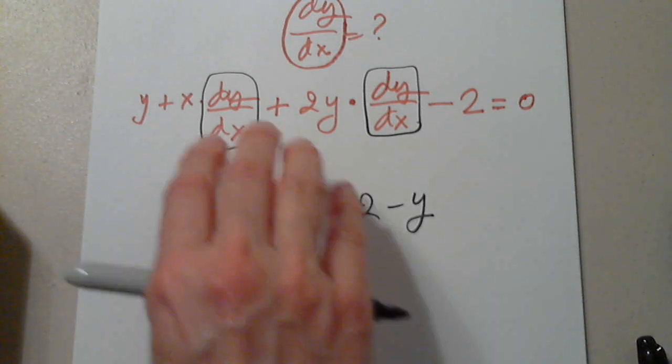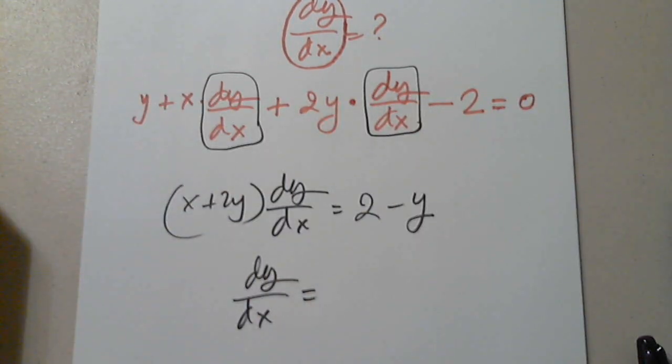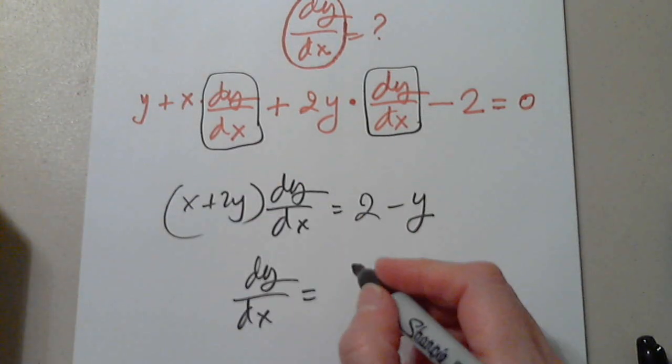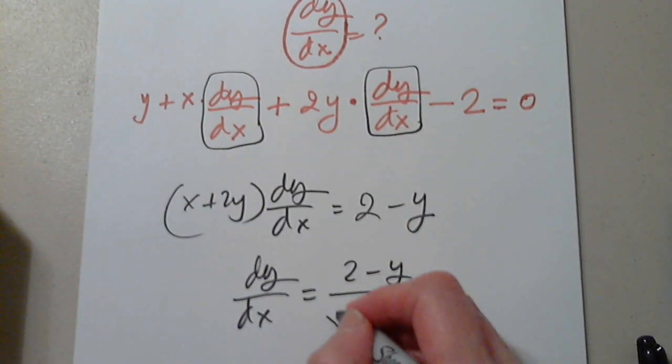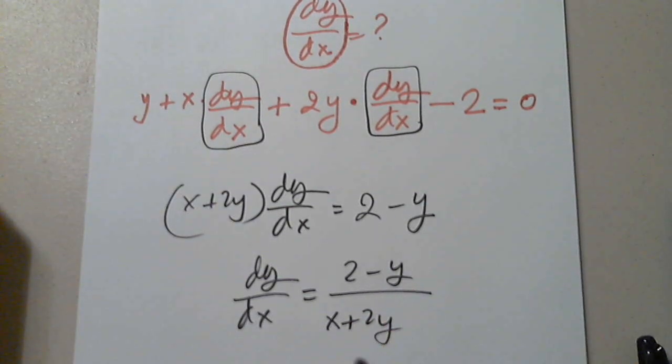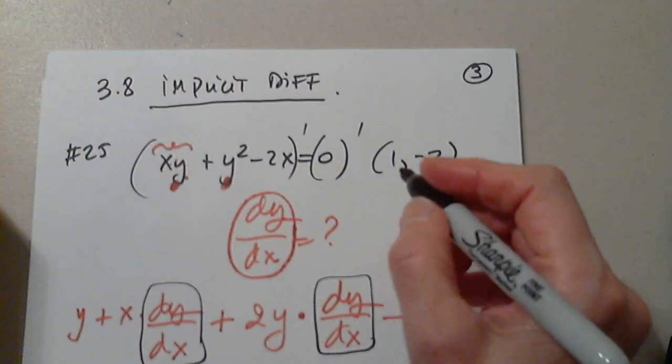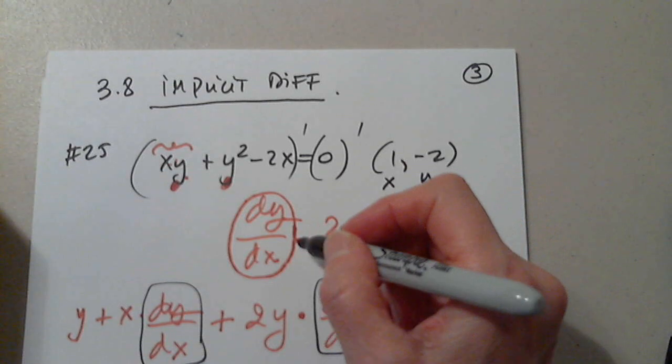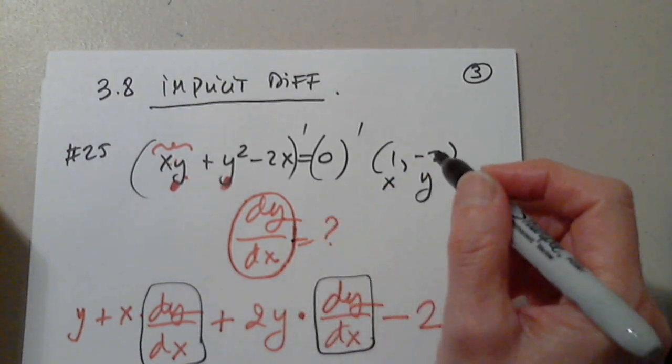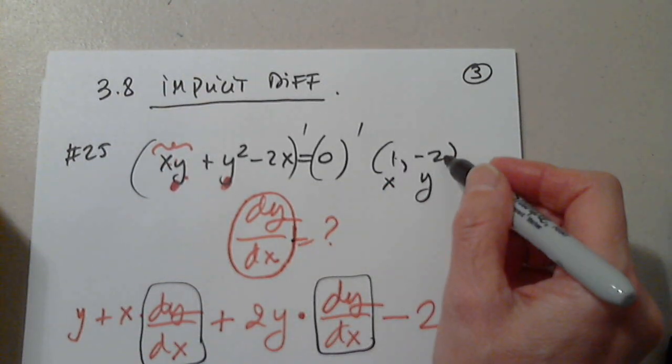Again, this is algebra. Calculus was up till here. Beyond that, just algebra. 2 minus y over, oh, x plus 2. Thank you very much. 2 minus y over x plus 2y. Now, we are told to evaluate, find this when x is 1 and y is negative 2.